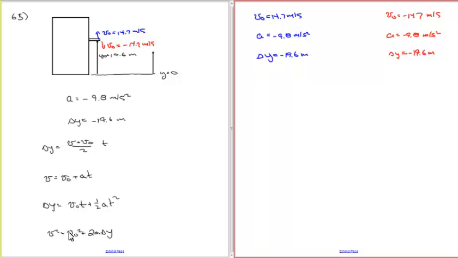But we are going to use this one. V squared is equal to V0 squared, which is, in this case, positive 14.7 meters per second squared, plus 2a, negative 9.8 meters per second squared times delta y, which is negative 19.6 meters.